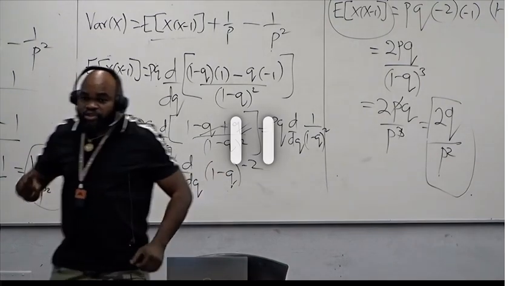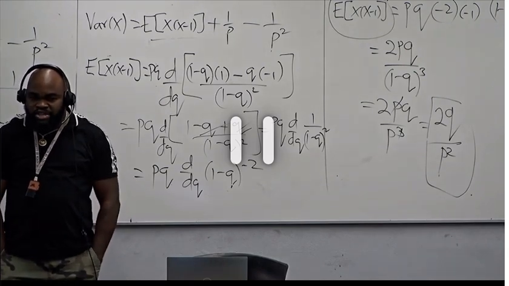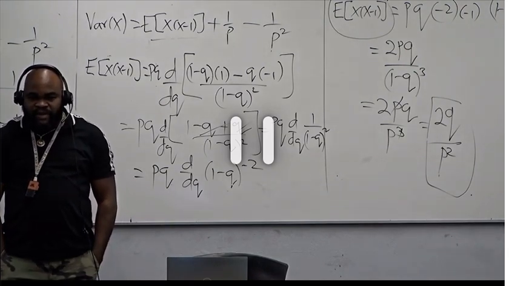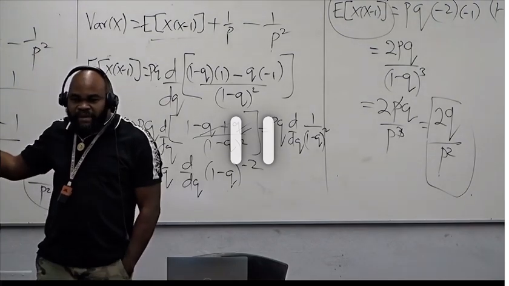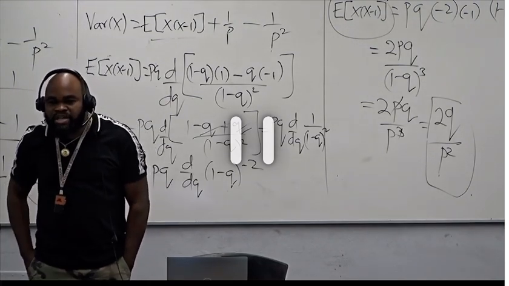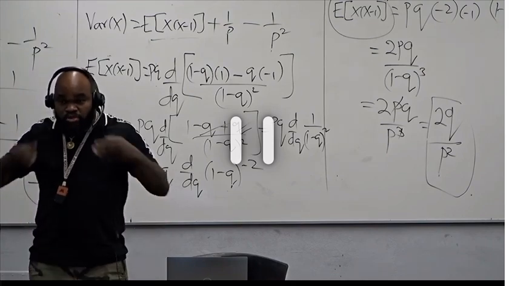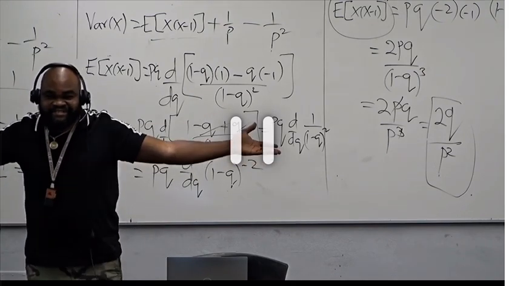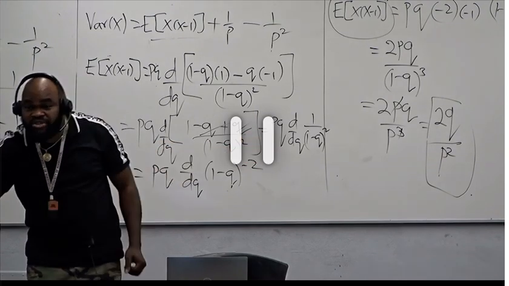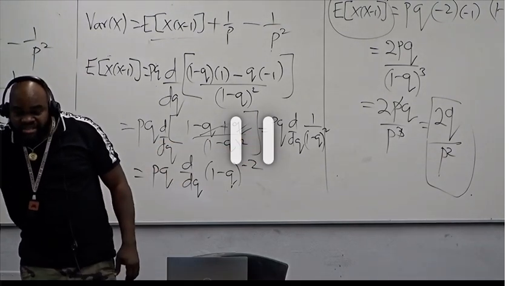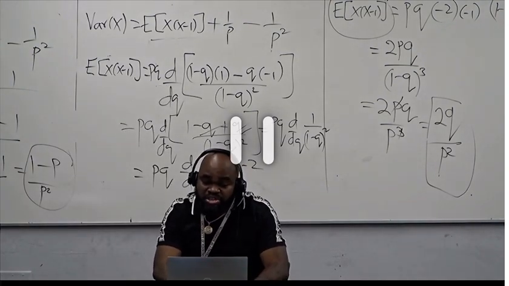Geometric is going to say, how many Bernoulli trials am I going to have before recording the first success? But do you know what negative binomial is talking about? How many Bernoulli trials am I going to have before recording a good number of successes? Does that make sense? Which means we're not seeing success for the first time. They've been seeing success. So now the probability mass function is going to change.